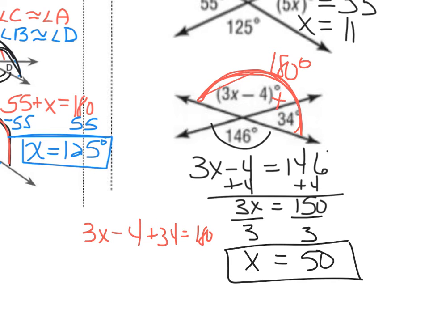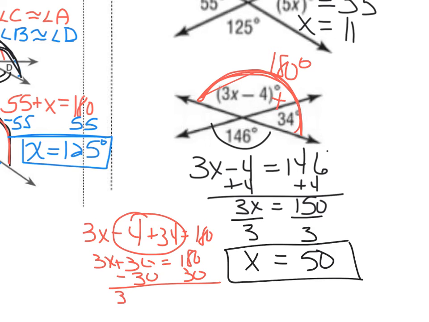So you could actually combine those, so 3x plus 30 equals 180. When you subtract 30 from each side, you're left with 3x, which equals 150, which is the same thing we had over here. So x equals 50. So that's another way you could have found x.